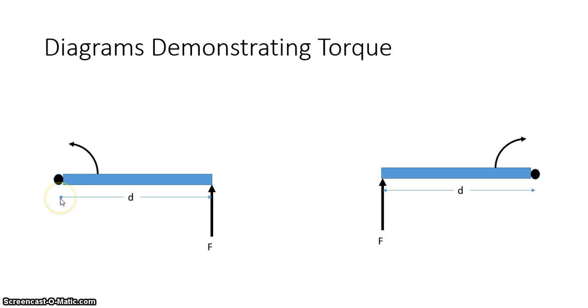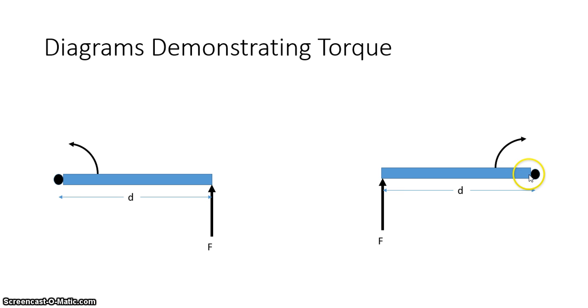And so the moment arm, or the distance between the pivot point and where the force is being applied, is given by the letter D. Okay, and again, the object is affixed to this point right here. So if it's affixed to this point and everywhere else it's not fixed, and a force is applied at the end here, then this object has a tendency to rotate going in this direction.